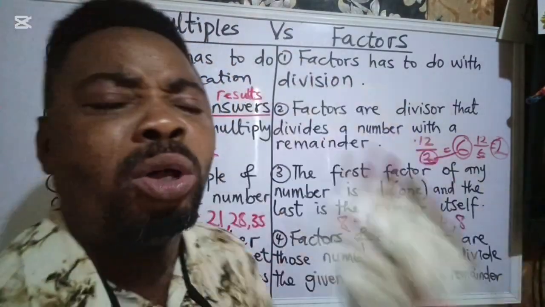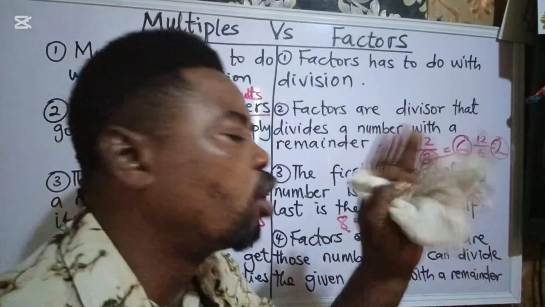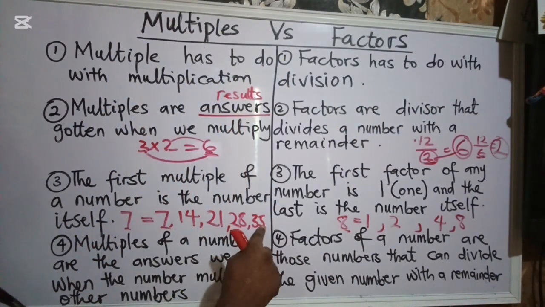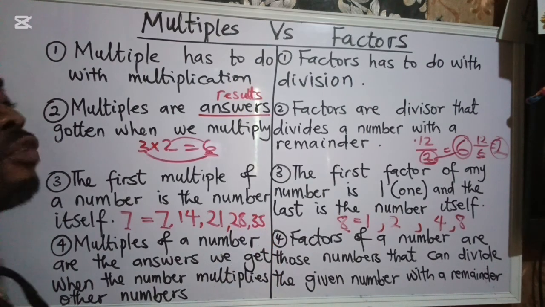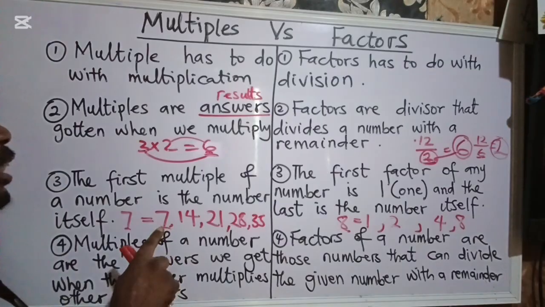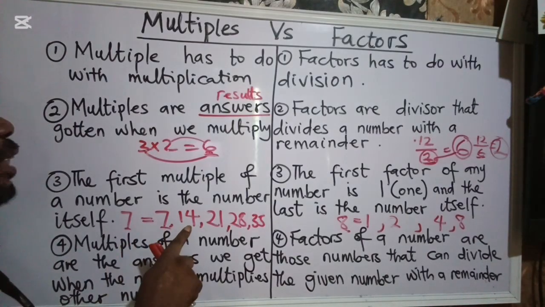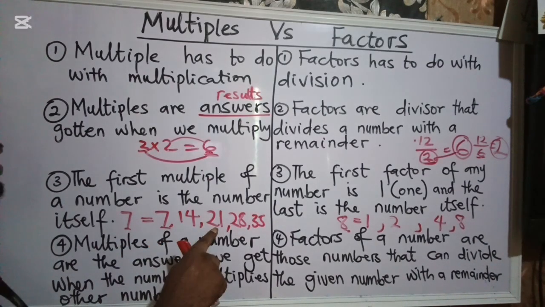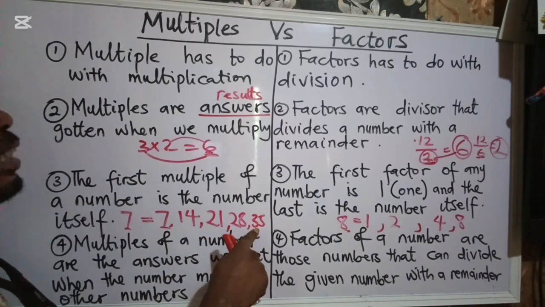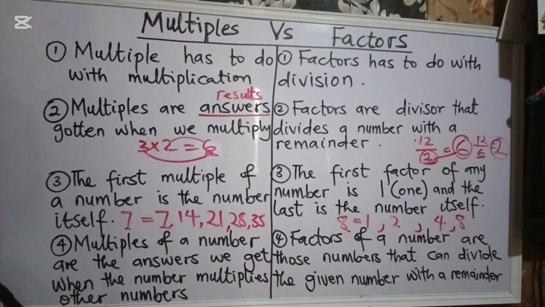There is nothing left again. But the multiples of 7 have not been exhausted. We have not even reached 1/1,000,000 of the multiples of 7 when we say 35. This is the first multiple of 7, this is the second, this is the third, the fourth, the fifth.